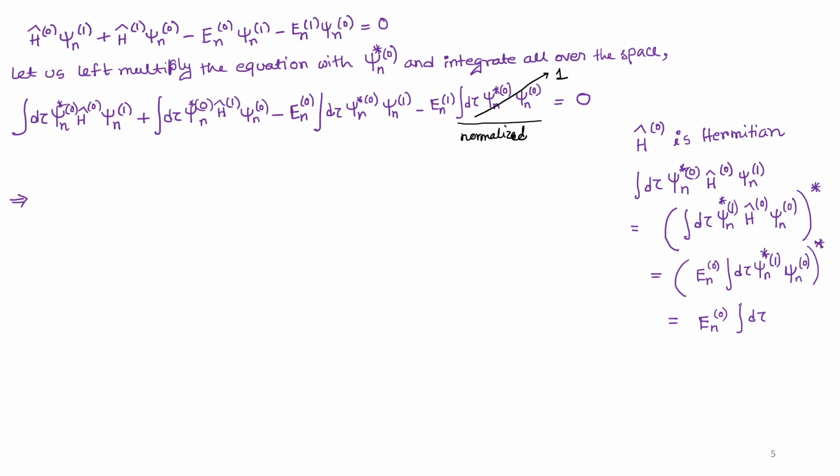Psi 1 star, the complex conjugate of that, will give me psi 1, and it will give me psi 0 star. Okay, and I can write it in this order also, right?